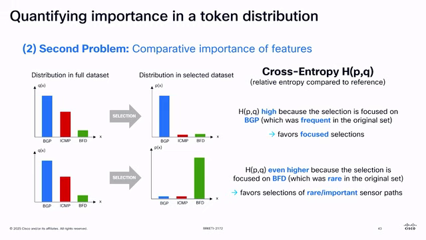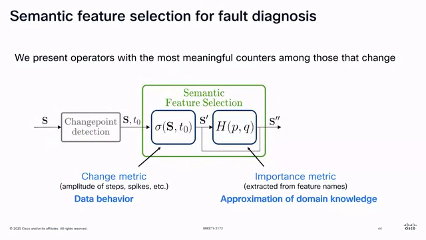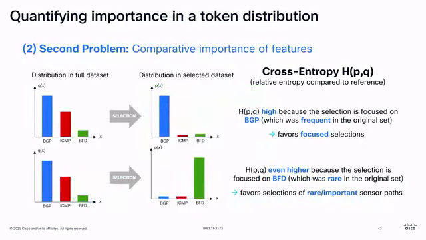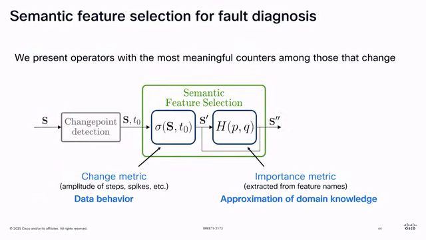So it's exactly the same idea that we have with TF-IDF, and we can use cross-entropy between these two distributions, between the selection and my corpus, to derive the importance of that particular feature.